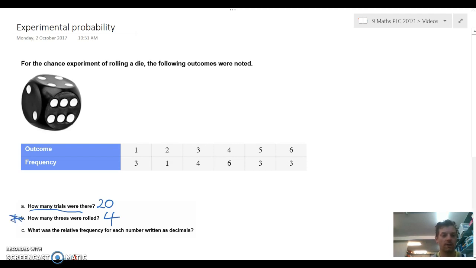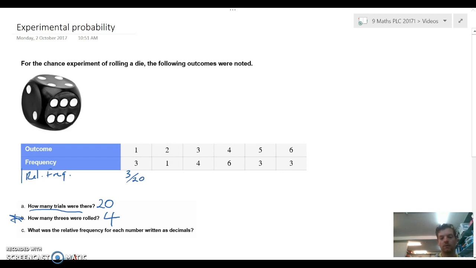I'm going to extend my table and include a relative frequency section here. For number 1, it was rolled 3 times and there were 20 attempts.